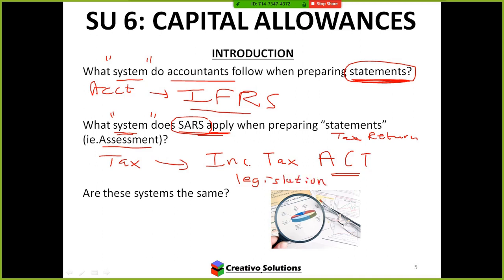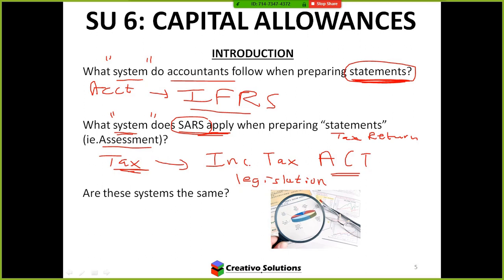When looking at tax, we're looking at the rules and laws regarding taxes, not accounting, not anything else, only the tax. If I'm looking at VAT, I need to focus on that specific part of the act. If I'm looking at income tax, I'm looking at income. If I'm looking at pay as you earn, that's something different, employees.